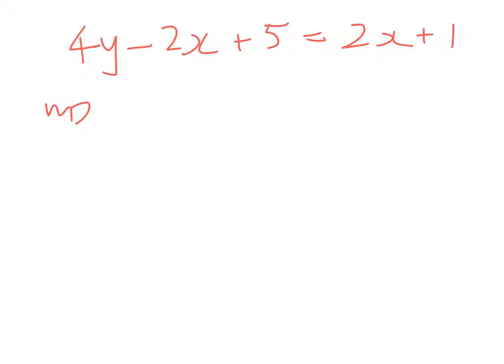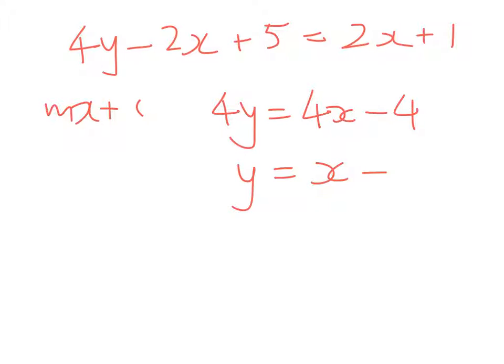So I get 4y minus 2x plus 5 equals 2x plus 1. So it's going to be some kind of line, so I might as well write it in y equals mx plus c form. So 4y is equal to 4x minus 4, y is equal to x minus 1.